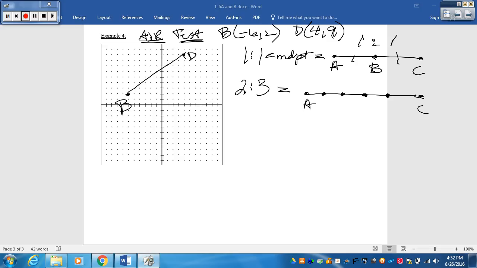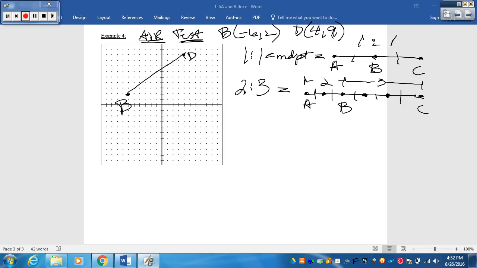And if all of those lengths were the same, okay, from A to B, this length here would be 2, and this length here would be 3. Okay, so 2 parts to 3 parts, 1 part to 1 part. And so that's what it means by breaking it up in a ratio of whatever.